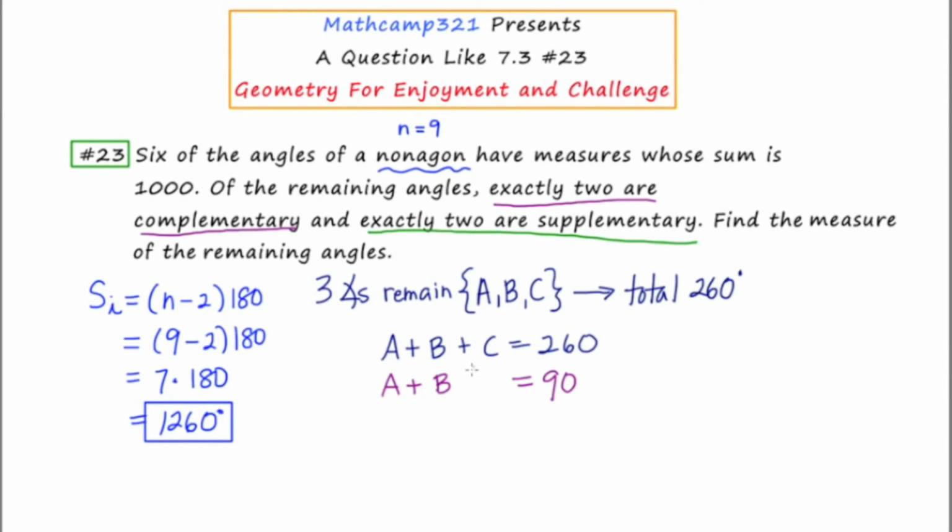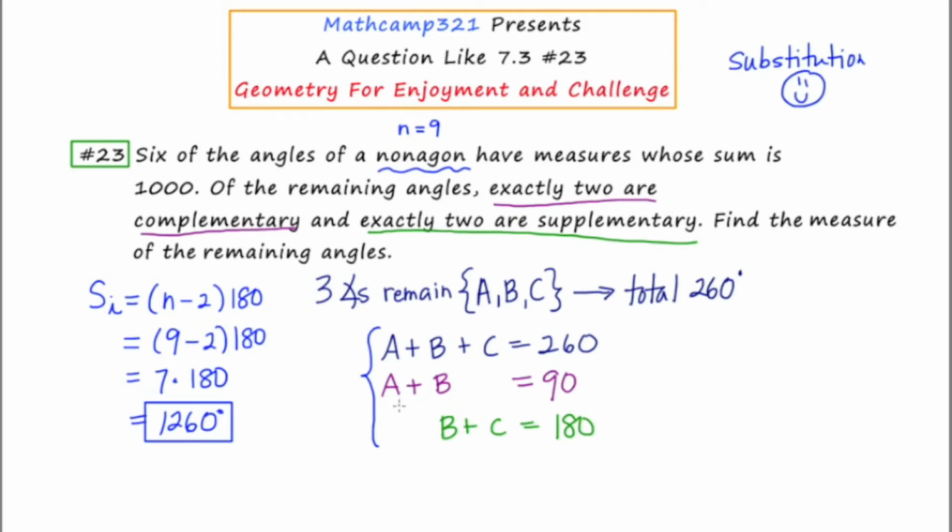So I'm just going to use, for convenience sake, B and C. Now supplementary means adds to 180. So what I've essentially constructed here is a 3x3 system of equations. Kind of challenging. But the method to solve this isn't actually so bad, especially if I use the substitution principle.